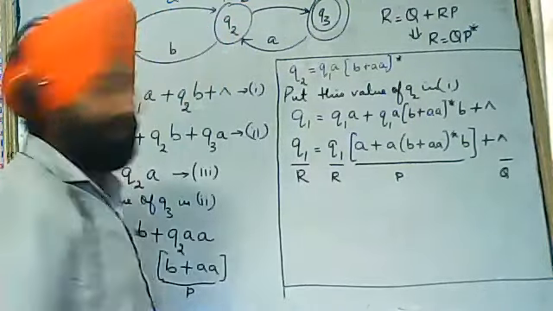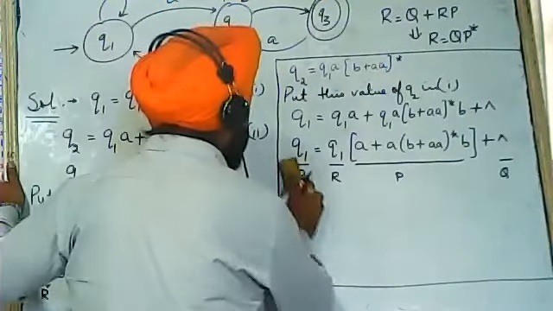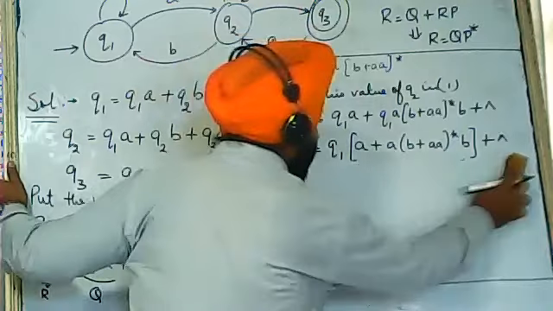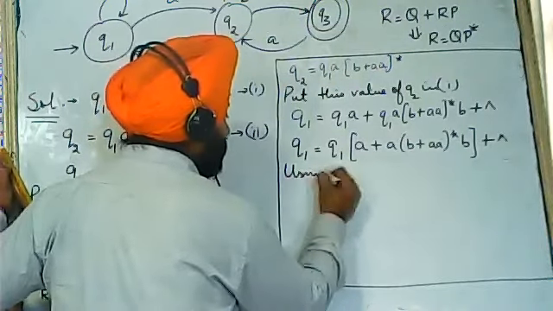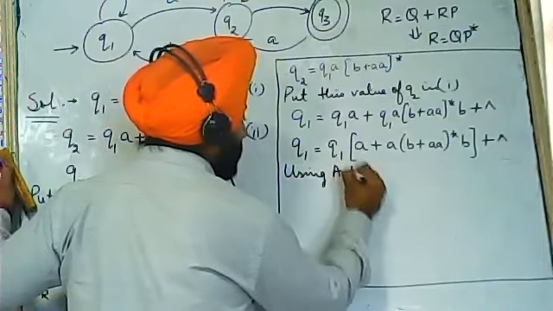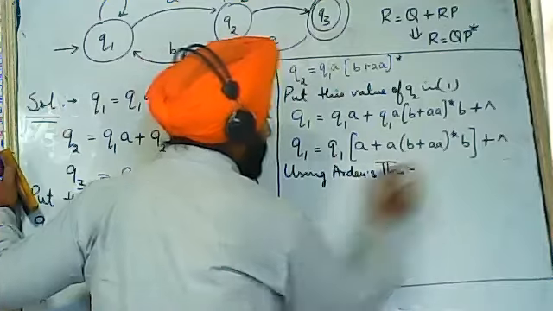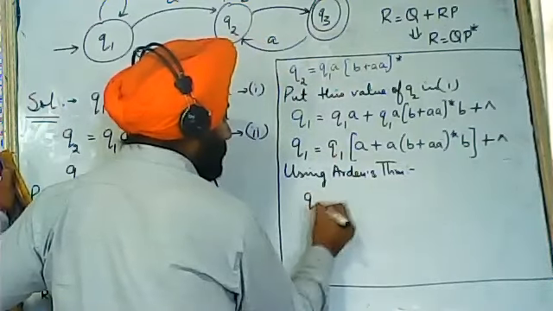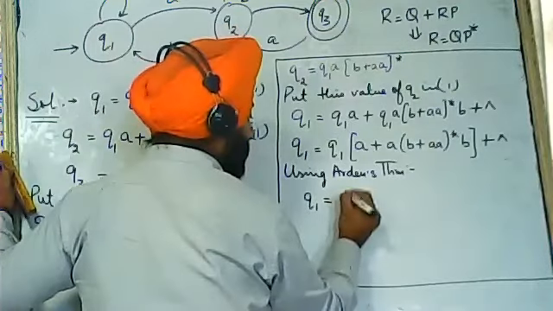So here Arden's will be applicable, and you have to write using Arden's theorem. What you will get? This is your R, Q1 equals Q, that is null.